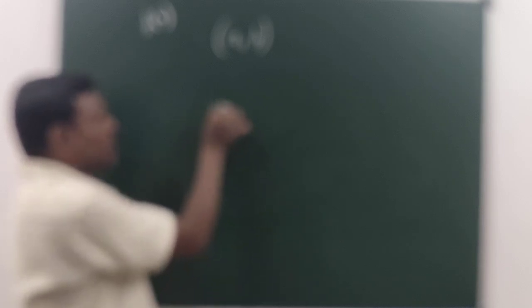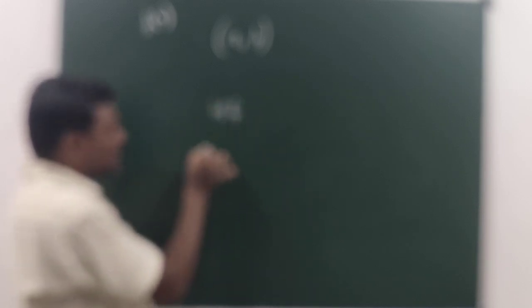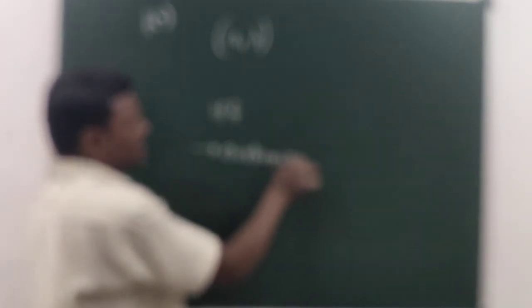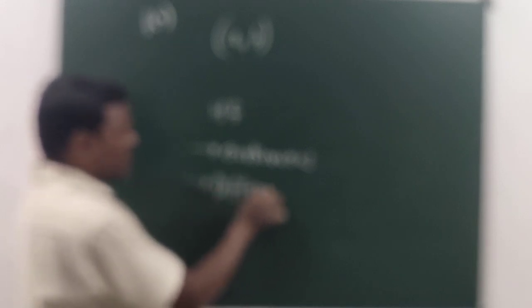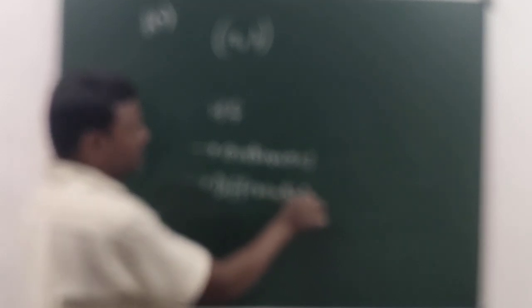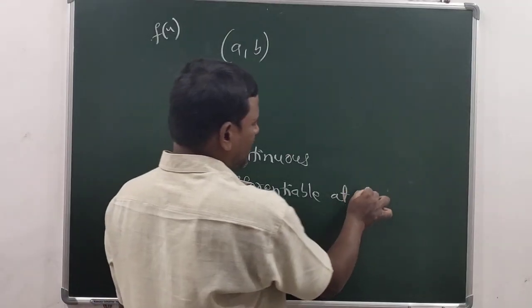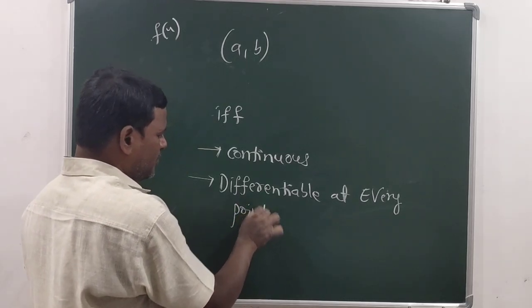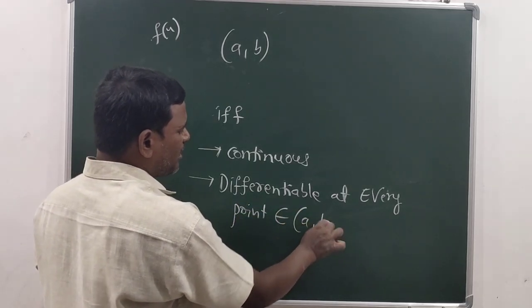This function is differentiable in the open interval a comma b if and only if that function is continuous, and that function is differentiable at every point which belongs to the open interval a comma b.